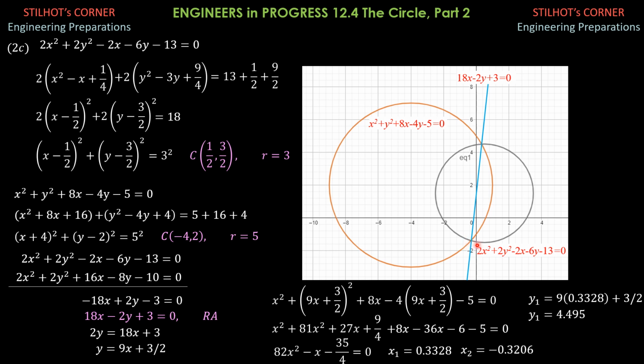Here it's negative 1.4 in my estimate. Then y2 is 9 times negative 0.3206 plus 3 halves. That's why y2 is negative 1.385, so as I said, almost negative 1.4. So that's it. Then connect these 2 points of intersection with a straight line, extend, that's the radical axis.